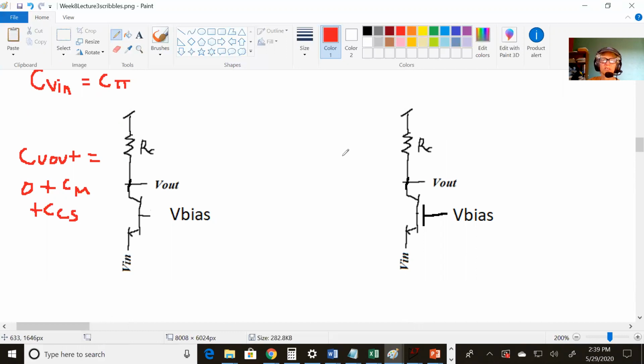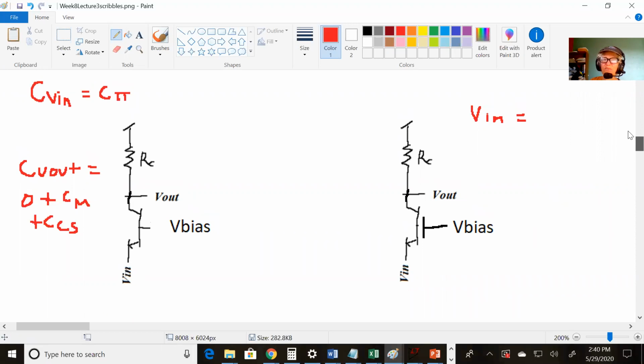Okay, how about over here? Here's a MOSFET. You can tell I just did a little erasing and threw a weird thing on the gate, but these are supposed to be MOSFETs over here. So what's your Vin for the MOSFET? First of all, identify what terminal you're on. What's the input terminal? Source.